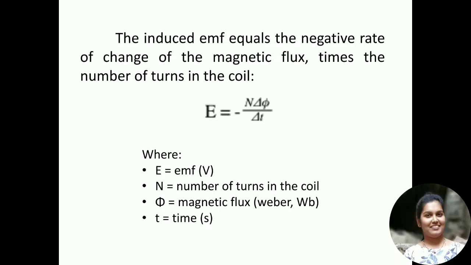So the EMF induced E will be equal to minus the number of turns times the rate of change of flux with the time t. Okay, this is the EMF expression we give for Faraday's law.